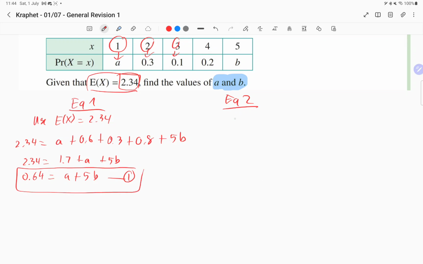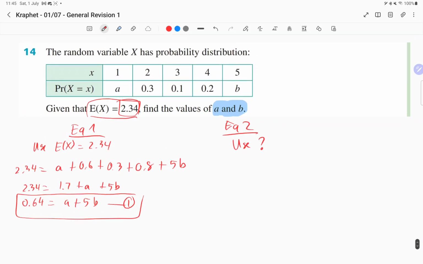Equation 2, you need to use another idea. What ideas do we use here? This is a probability distribution. So maybe 1 equals something? Yes. Use 1 equals something. 1 equals what?